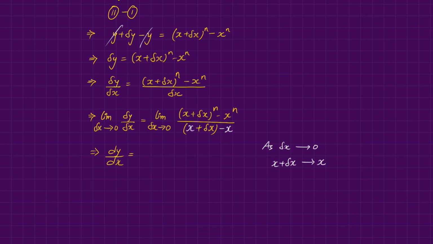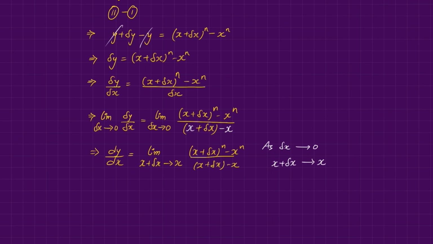As delta x tends to 0, x plus delta x tends to x, so I will use that here. Limit x plus delta x tends to x of x plus delta x whole to the power n minus x to the power n, divided by x plus delta x minus x.